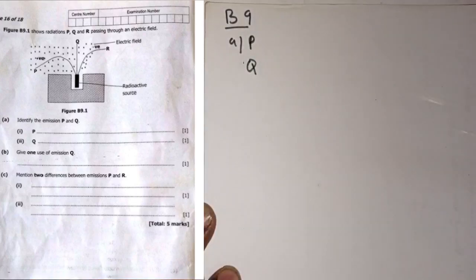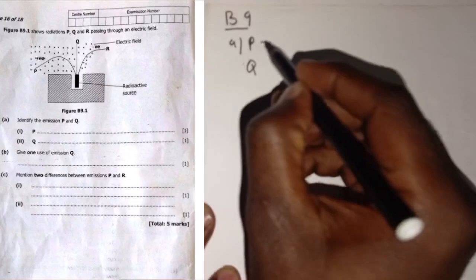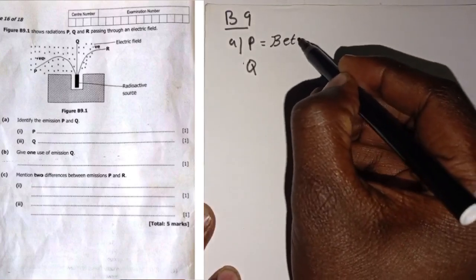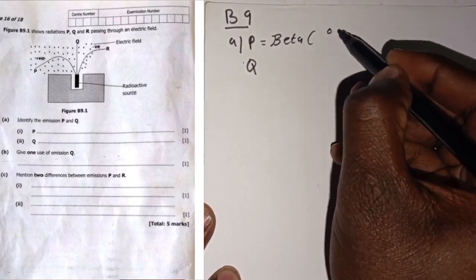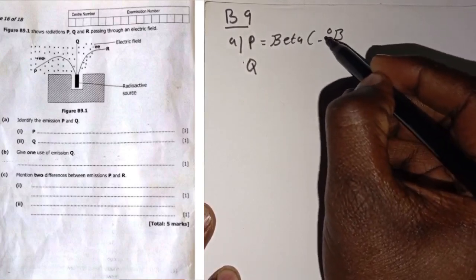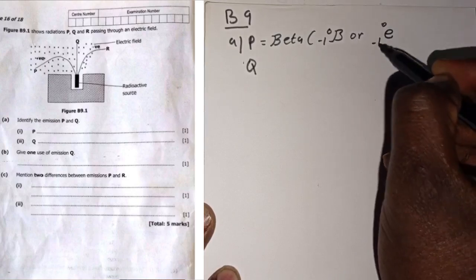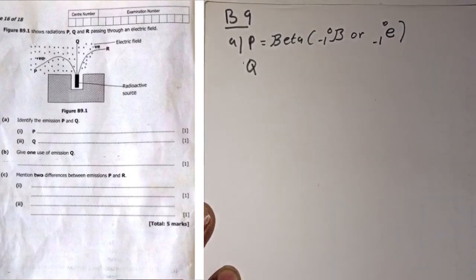So emission P, look at where it's going. It went towards the positive. So this can only be beta emission. Because beta emission, if you write it, it has a negative, or sometimes they'll use the electron. So it is negatively charged, so it will be attracted to the positive.